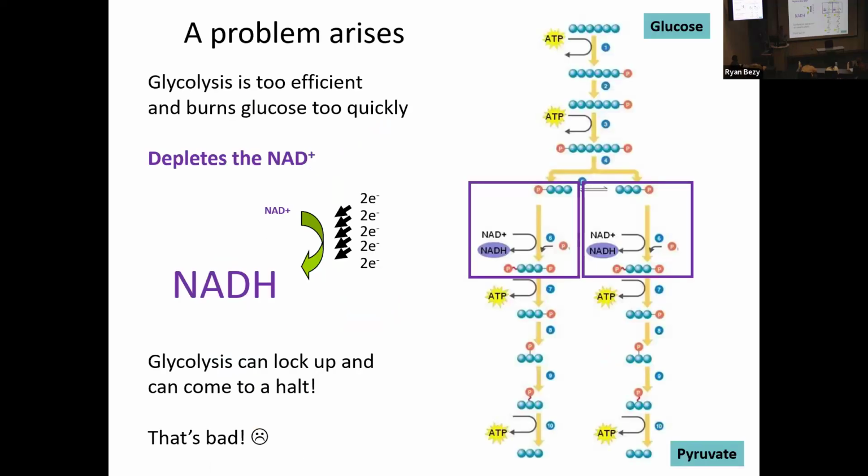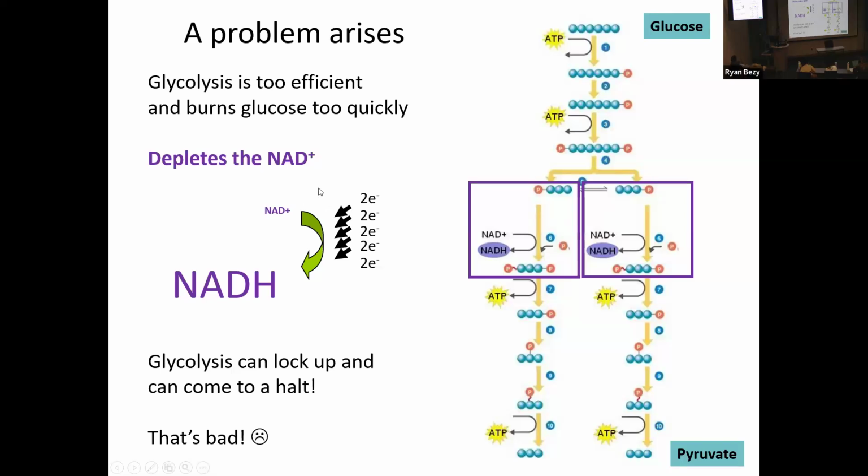One of the things is glycolysis is sometimes too good at its job. Glycolysis will burn through the glucose in the cell, convert all that glucose really quickly. And it keeps stripping electrons off of the glucose and the things that glucose gets turned into. Just keeps stripping more and more electrons off of them very, very fast.